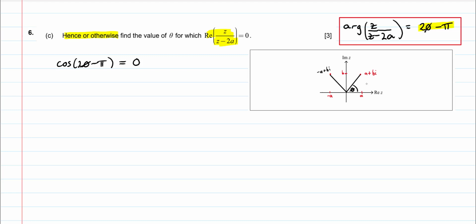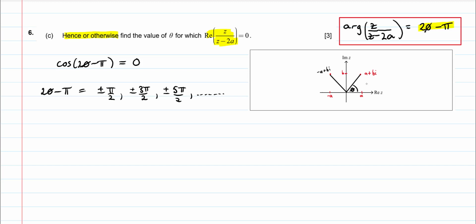We know that cos of pi over 2 is equal to 0, but we can also have cos of 3 pi over 2 or negative pi over 2. Cos of all those numbers will equal 0. So we want our argument, 2 theta minus pi, equal to either plus or minus pi over 2, but we could also have plus or minus 3 pi over 2, plus or minus 5 pi over 2, 7 pi over 2, and so on.